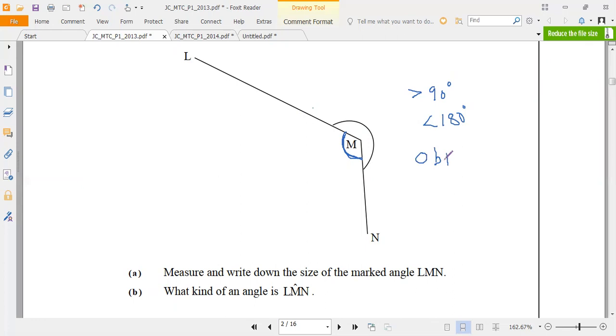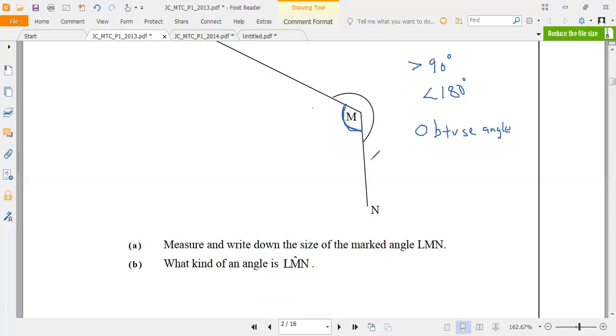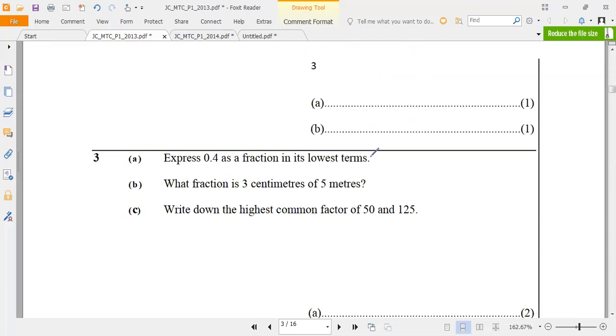So the angle LMN is an obtuse angle, meaning that the answer for this is obtuse. For the first part, you just do that on your own.